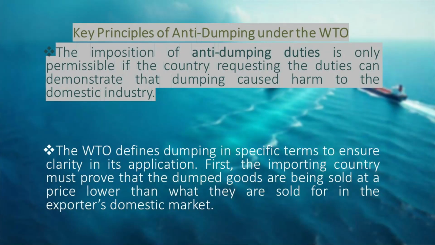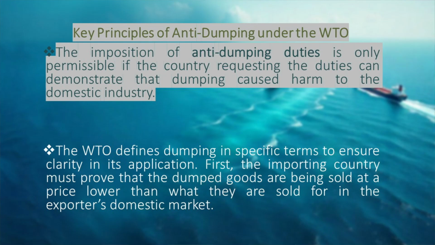Now, what are the key principles of anti-dumping under the WTO? Under the WTO framework, the imposition of anti-dumping duties is only permissible if the country requesting the duties can demonstrate that dumping has occurred and it has caused harm to domestic industries.